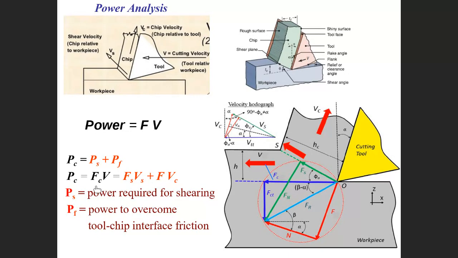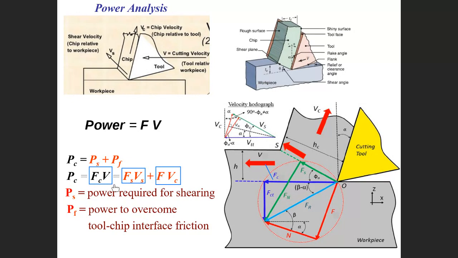And then there are another two, which are equivalent to the main power. The power delivered by the tool is required to shear the material and overcome the friction in the cutting zone. So the power delivered by the tool should be equivalent to the power needed to shear the material plus the power needed to overcome the friction in the cutting zone.